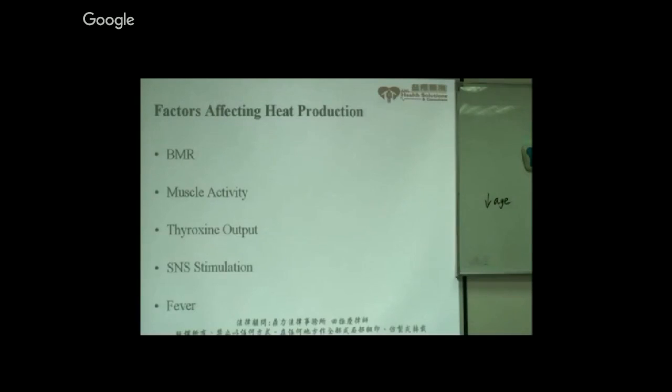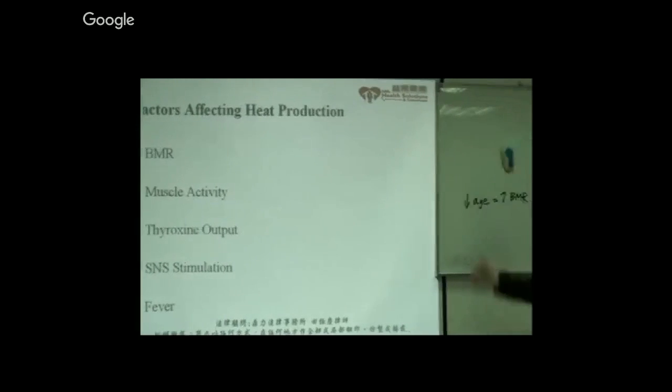In general, the younger the person, the higher the BMR. If you increase the age, the BMR decreases.